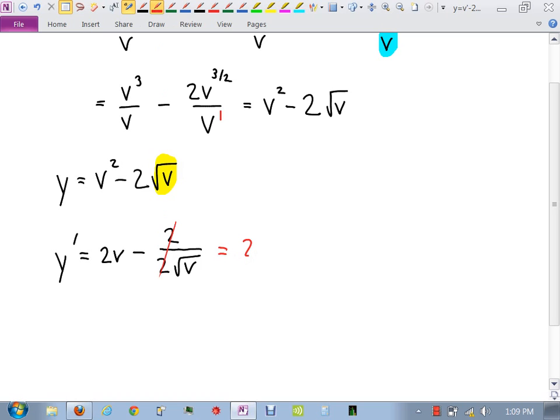So my final answer is 2v minus 1 divided by square root of v. That's how to do that problem without doing any product rule, quotient rule, anything like that. Yes? If what on the test, what?